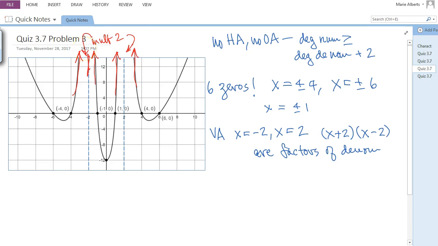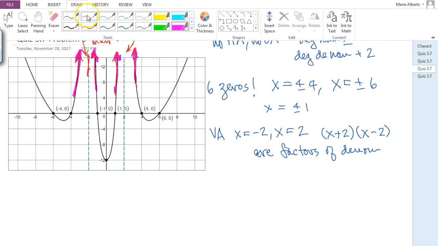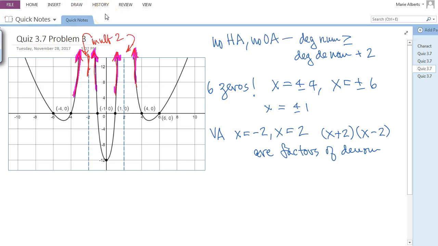We know that because the two asymptotes go up in the same direction, there and there at positive 2, and there at negative 2. So that means that not only do we have these factors of x plus 2 and x minus 2, each of them is squared.